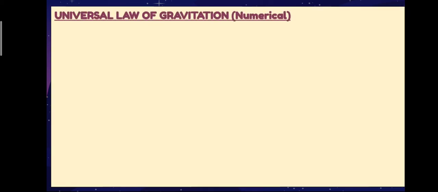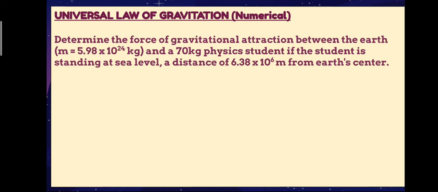Moving on to another problem of the same kind on universal law of gravitation, let us see. Determine the force of gravitational attraction between the earth and a 70 kg physics student if the student is standing at sea level, a distance of 6.38 into 10 raised to 6 meter from the earth's center.